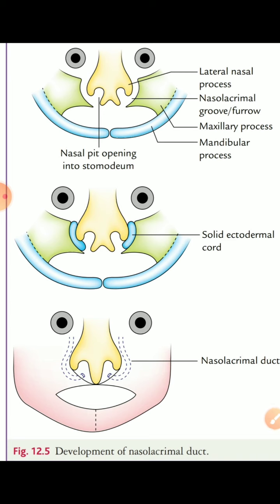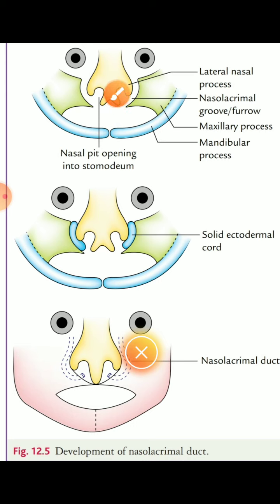Now we will go to how the nasolacrimal duct develops. You can see carefully in this, the part which is yellow in color is part of the frontonasal process, which has two processes, the lateral nasal process and the medial nasal process.